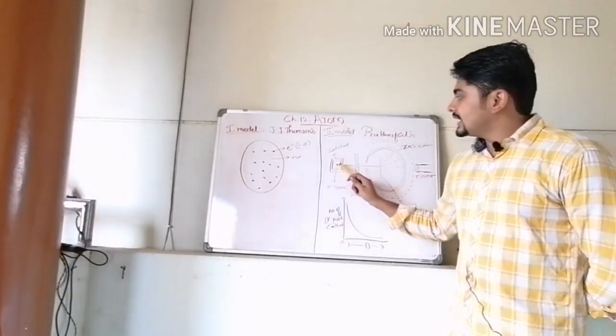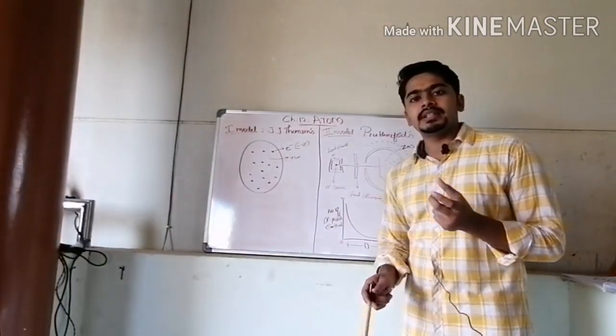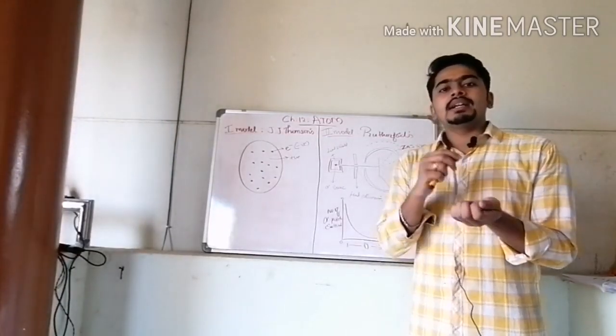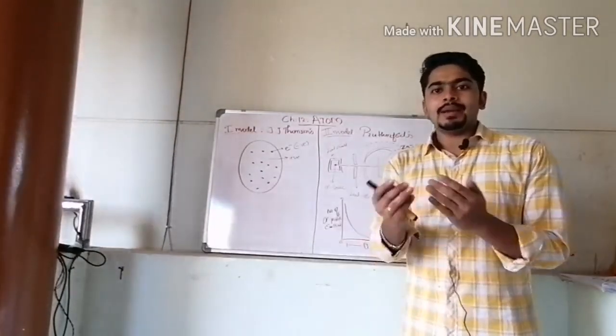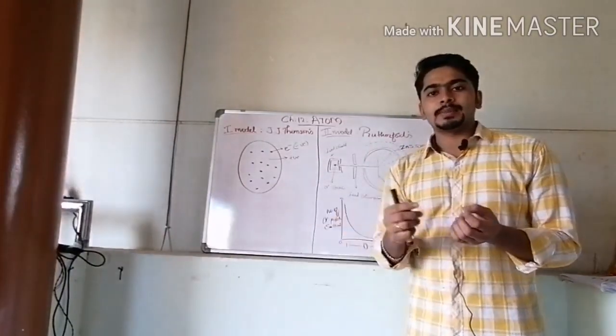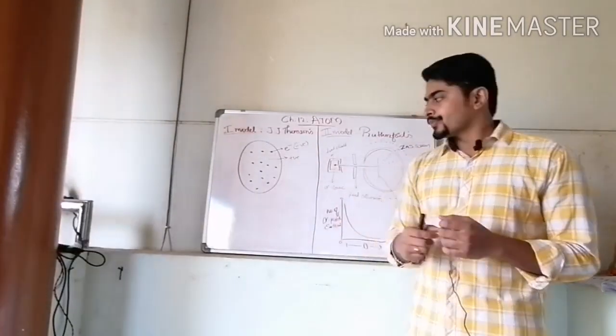Here he has taken one radioactive element. Radioactive element means an element which is unstable and tries to attain stability by liberating some amount of energy, and also some subparticles.